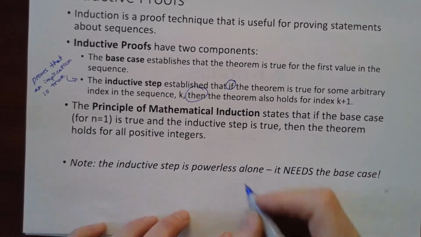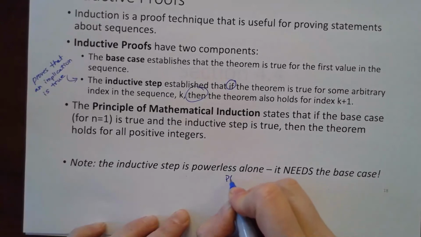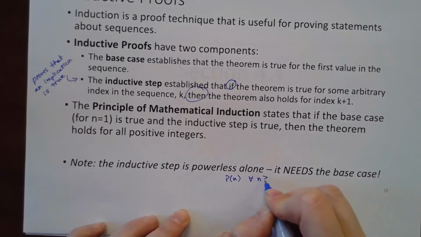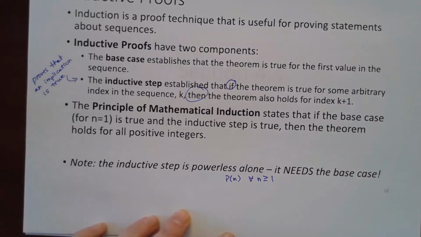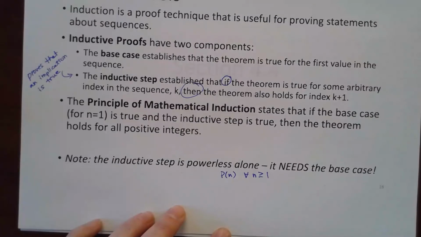All right, so let's say I'm trying to prove some predicate P of n, and I want to say that P of n is true for all values of n greater than or equal to 1. The way I'm going to do this with induction is I'm going to ask, what's the smallest value of n? Give me a starting place. Well, the smallest value of n I can think of is 1. That's my starting point.